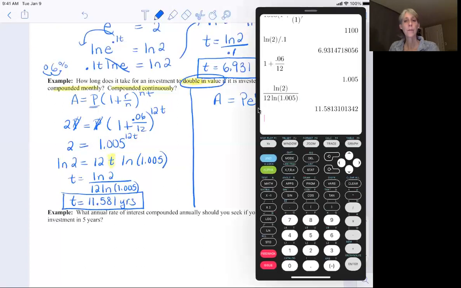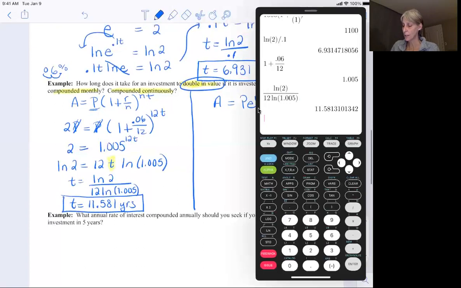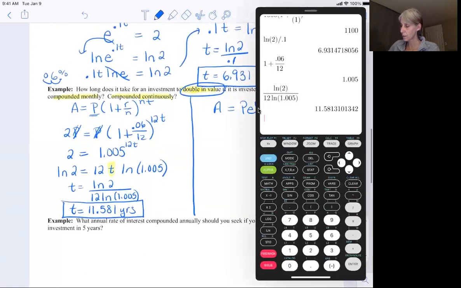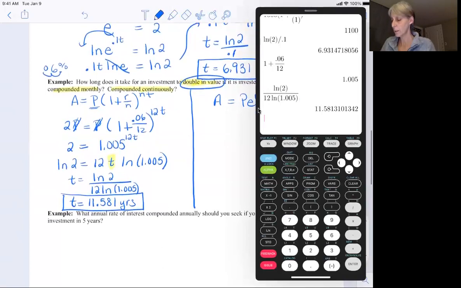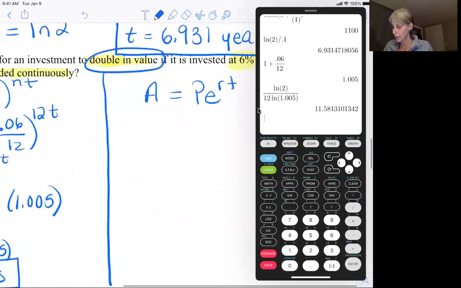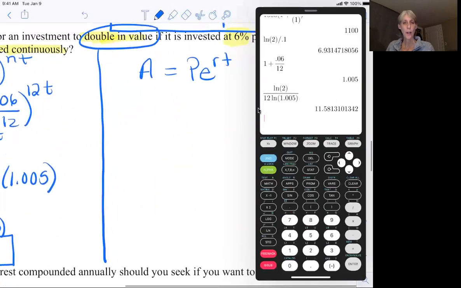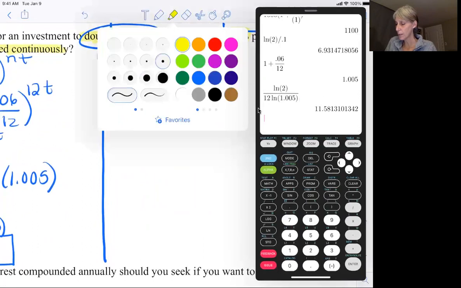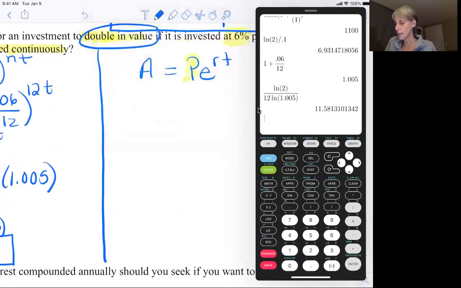And now let's look at the continuously. So now we're going to be using the same situation. I still want it to double, right? So I have my P and I want to turn it to 2P.